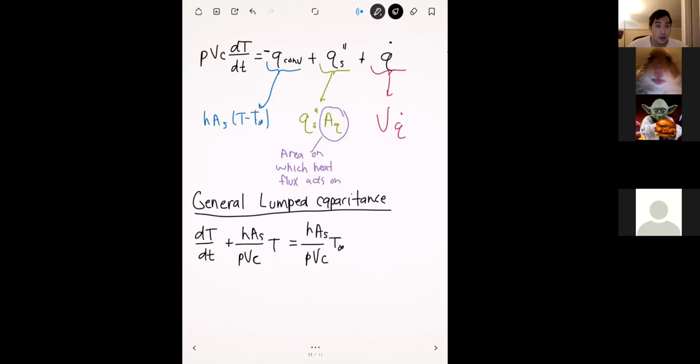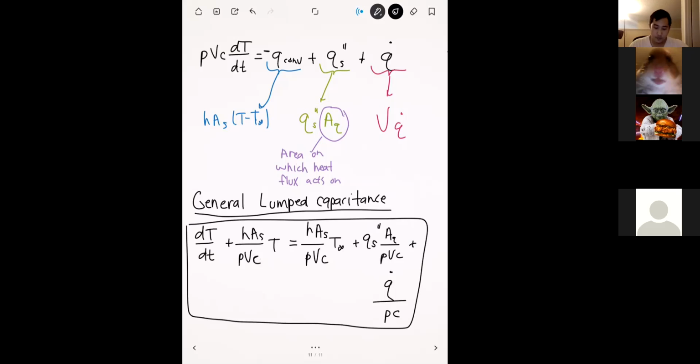Then we have the term for the environmental temperature. Then we have our heat flux terms: Qs double prime times A sub Q divided by rho V c, plus our thermal generation term, which is Q dot divided by rho c.